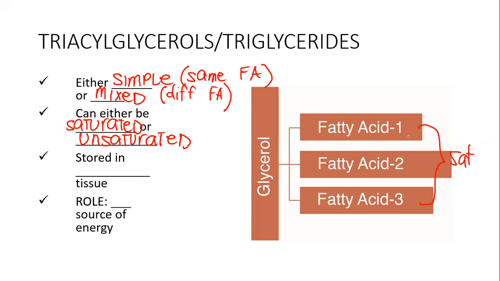Okay? For example, you have arachidic, myristic, lauric. Yes, they are different fatty acids, yet they are all saturated. They only possess single bonds. The hydrocarbon chain do not possess double or triple bonds, only single bonds, saturated. Okay? Or even myristic, myristic, myristic. Whether the same fatty acids or different fatty acids, as long as they are all saturated, then this is classified as a saturated TAG.